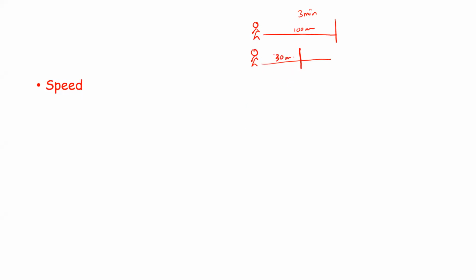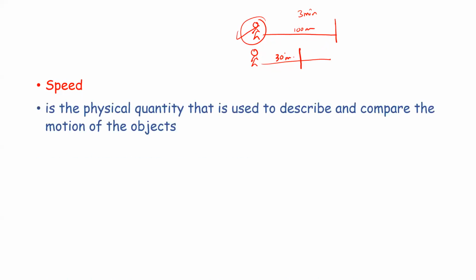Which one is faster than the other? Of course, Malak is faster than Mirna. Why? Because she covered more distance in the same time. So the speed depends on two factors: distance and time.